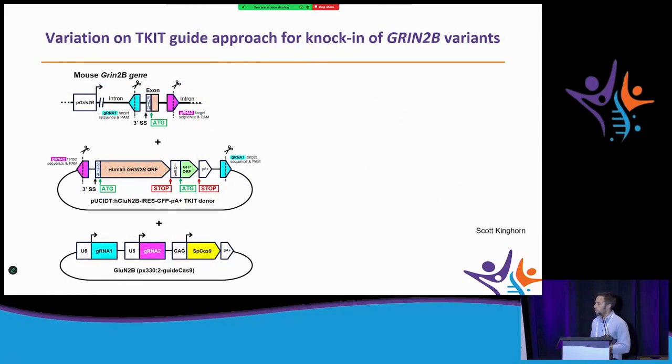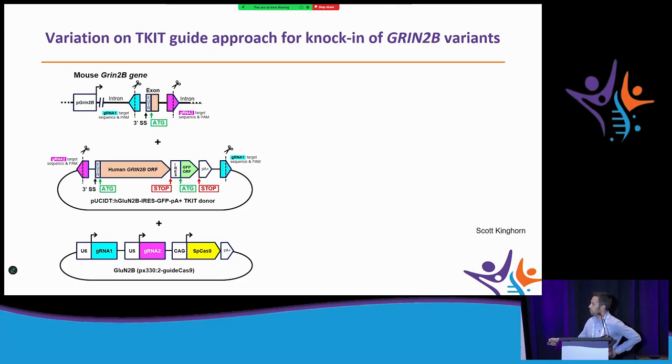Now, one of the reasons why we've been moving away from the approach using the GRIN-GFP and overexpressing the GRIN2B variants is that we can't properly control the levels of the GRIN2B, and we are concerned that, especially when you're looking at small changes in GRIN2A expression, we want to maintain normal expression levels of GRIN2A.